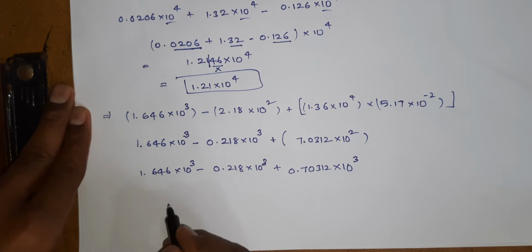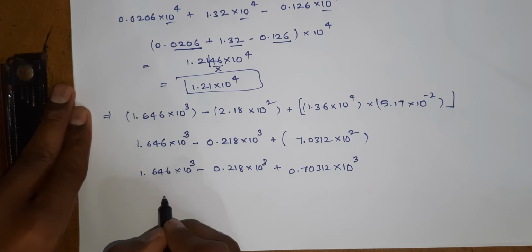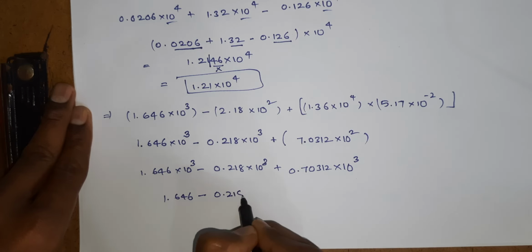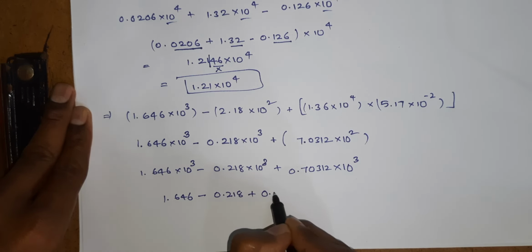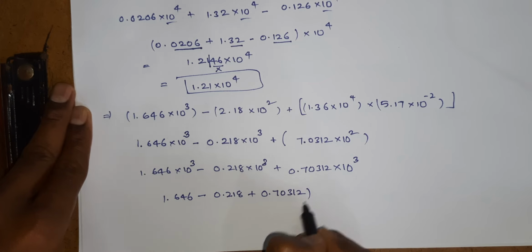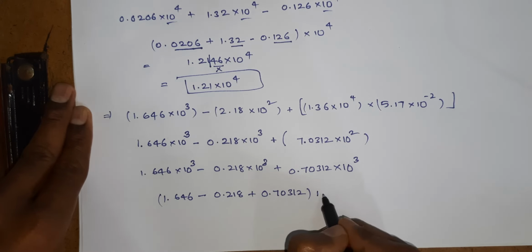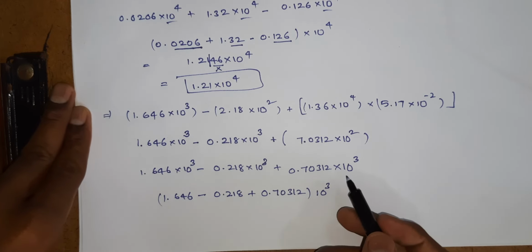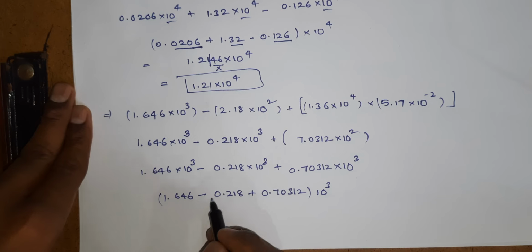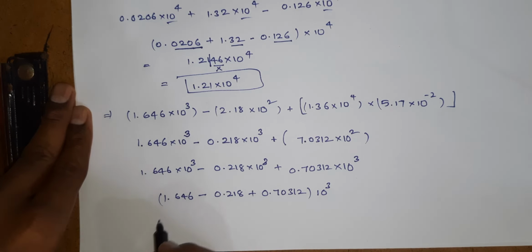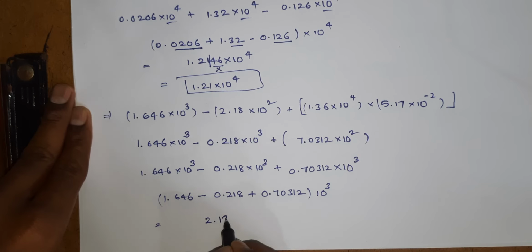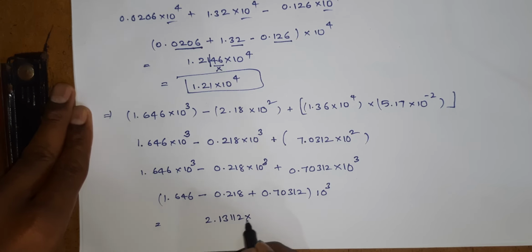Again, same as the above problem: 1.646 minus 0.218 plus 0.70312 into 10 to the power of 3. 10 to the power of 3 is taken as common. So if you add all these, you will get 2.13112 into 10 to the power of 3.